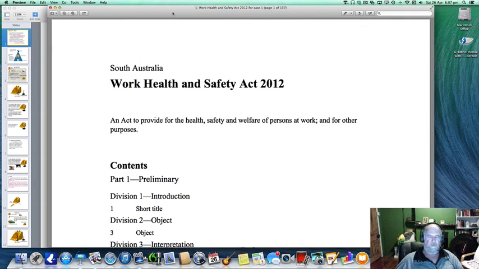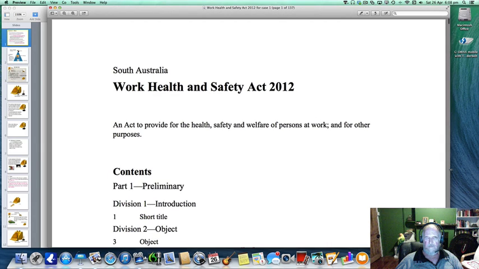So start off with the title, the Work Health and Safety Act. That's cool. That's the one. 2012. I always download it directly from Australia, because in the consolidated acts at Australia you'll find whatever they've got there will be the most recently updated act that you need. Cup of coffee.